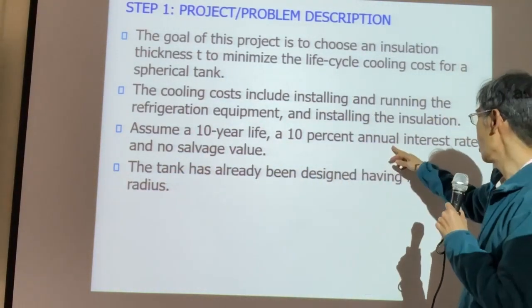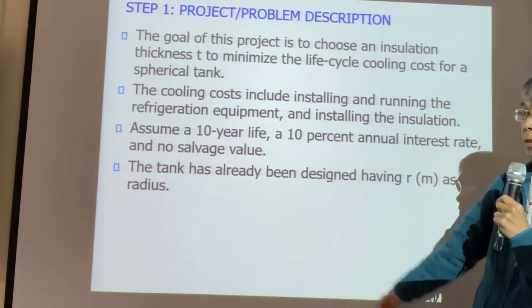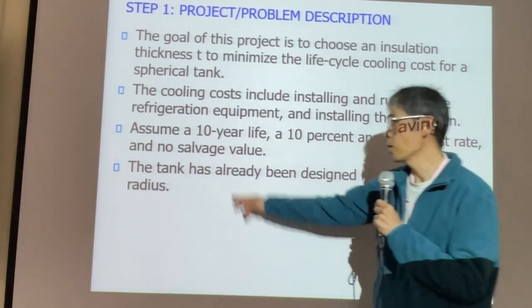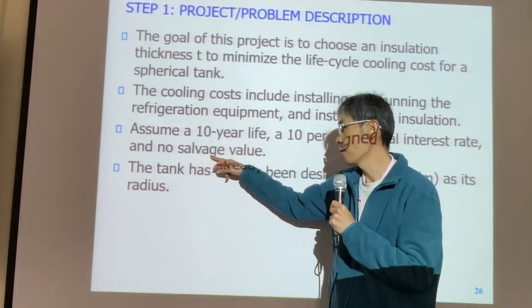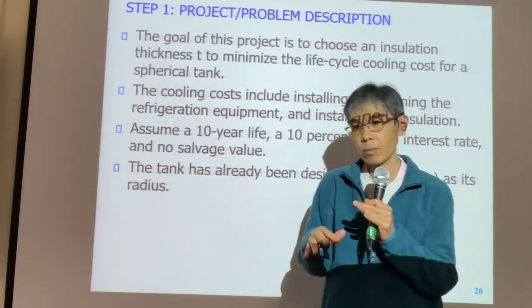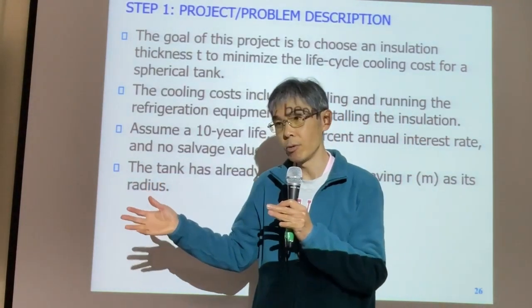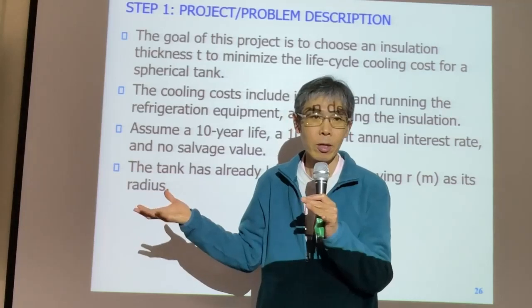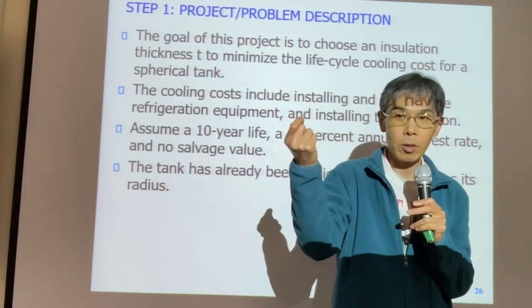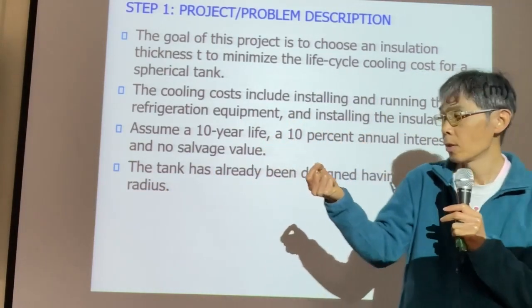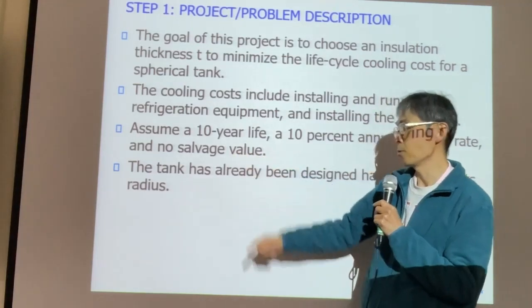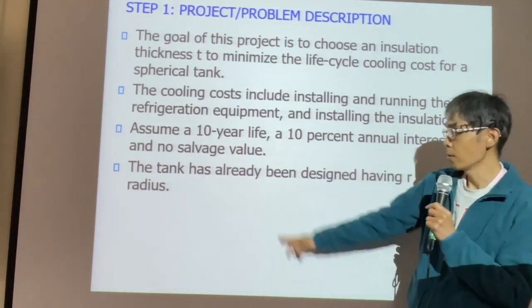So the annual interest to the bank is 10%. And after 10 years, salvage value means you cannot use it, there's no value anymore. After 10 years, the value is 0. No salvage value.